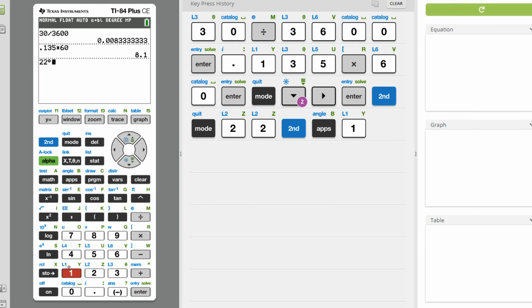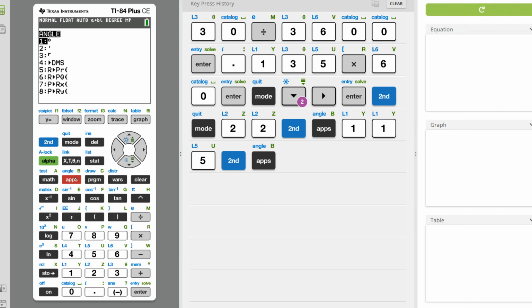So we had 22 degrees, 15 minutes. So I'm going to type in 15. I'm going to go back to that angle menu. You can see that option number 2 picks up the minutes. And by the way, while we're here, notice that there are not seconds in this menu. We're just going to pick up degrees and number 2, minutes.